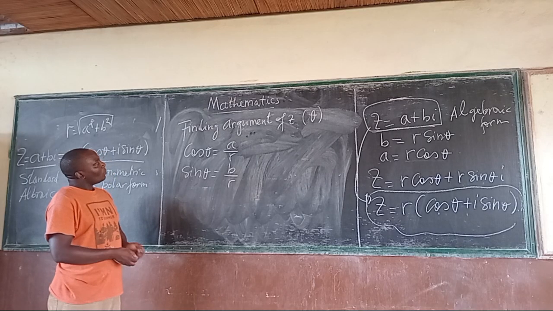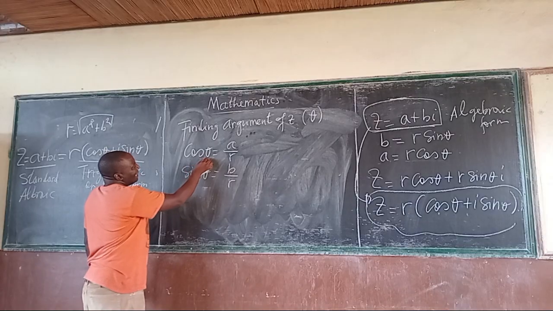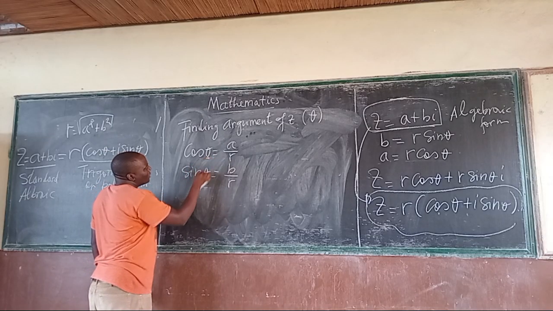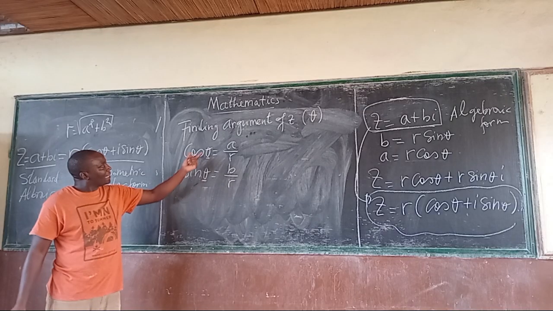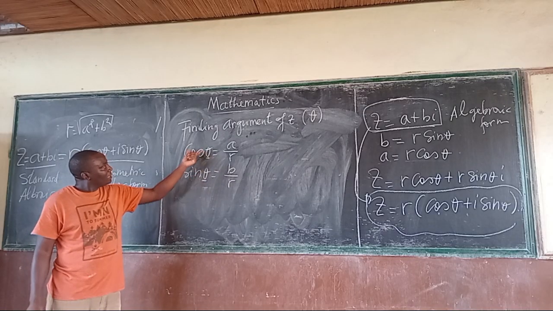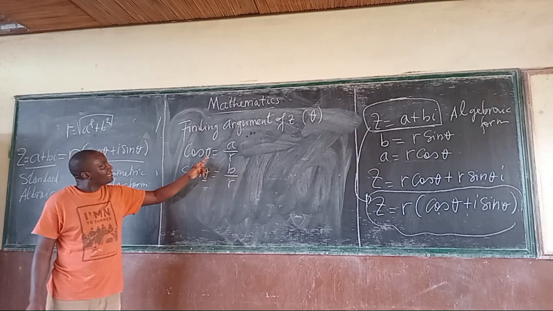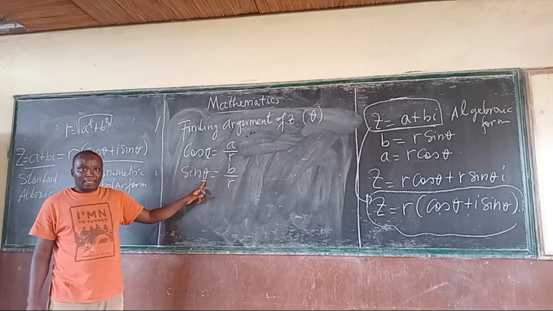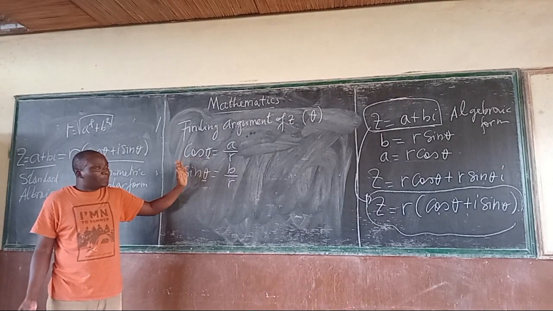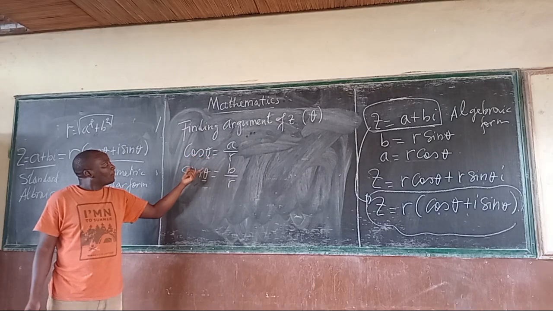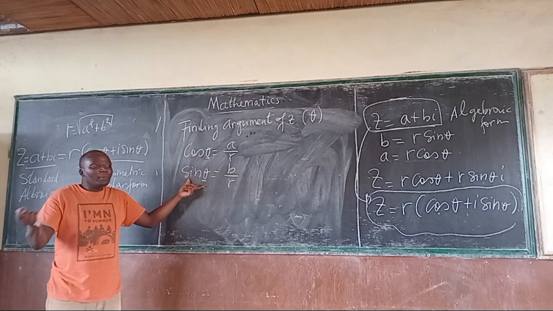Then, to find the real value of theta, as a teacher, as you see, the target we have is to find the value of that angle theta. One should apply the trigonometric inverse.